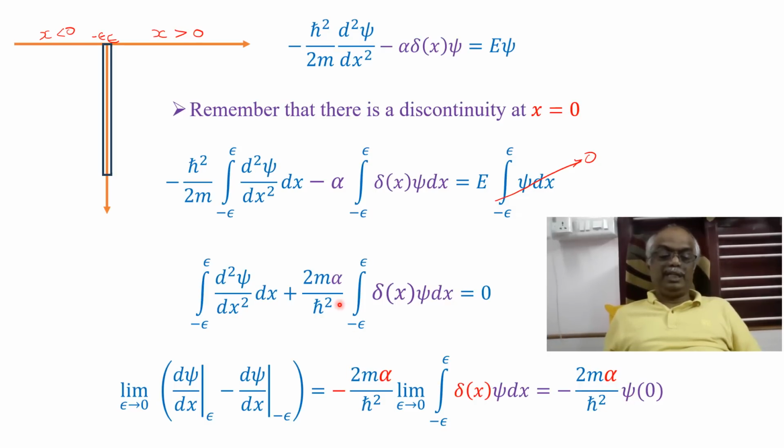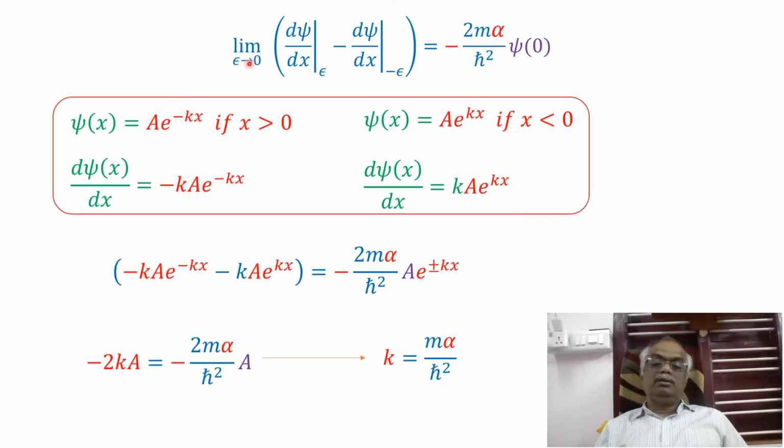So now we will solve this further. We got this expression. Now we know the wave function, which we have seen, in the positive x direction is equal to A e power minus kx if x is greater than 0, and it is equal to A e power plus kx if x is less than 0.